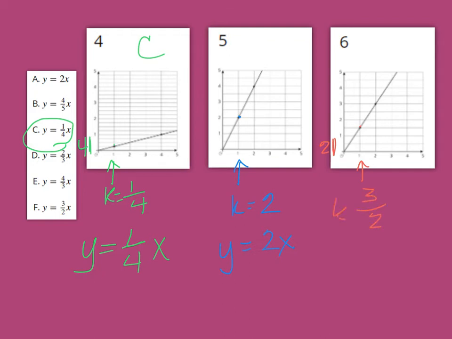That's what K is equal to, so therefore y equals 3/2 x, which is right here, and that, of course, is F. And I did the same thing again. That's really funny. Number 5, in this case, was A.